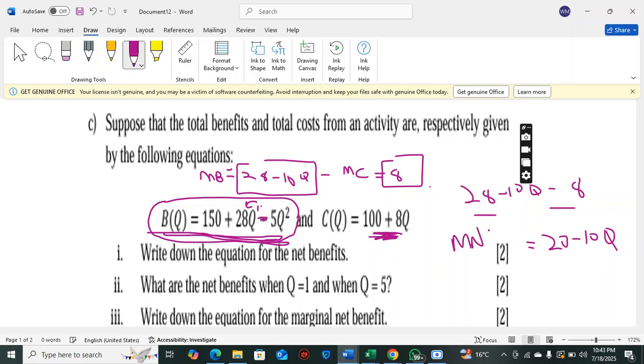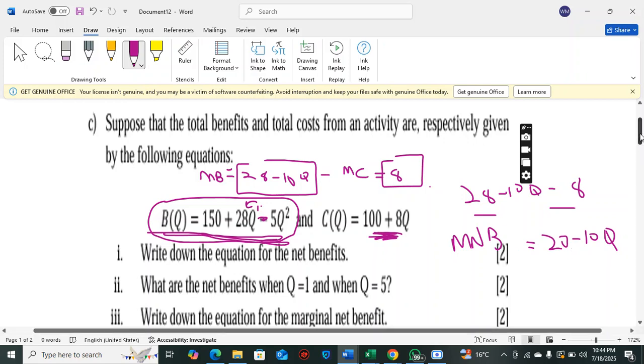That's the marginal net benefit: 20 minus 10Q.